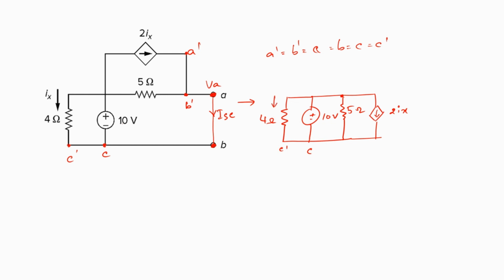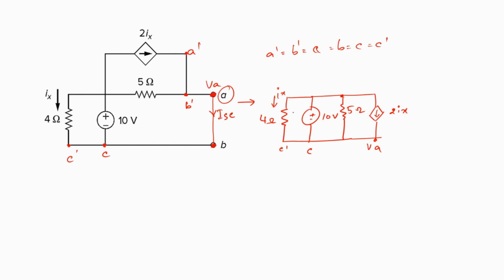Here, the value of Ix is the current flowing through the 4 ohms resistor. If we manage to find out the node voltage VA, we will be able to obtain ISC by applying KCL at node A.